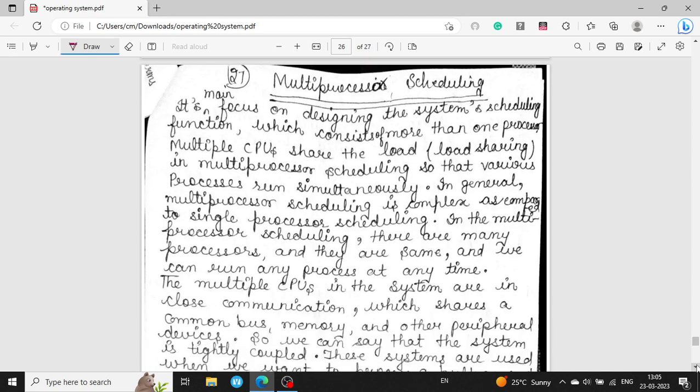Now the next point is multiprocessor scheduling. What is multiprocessor scheduling?